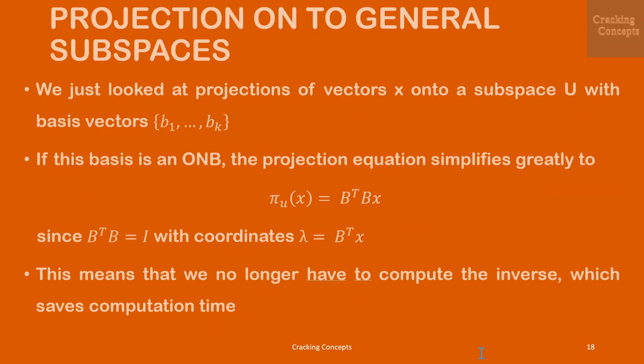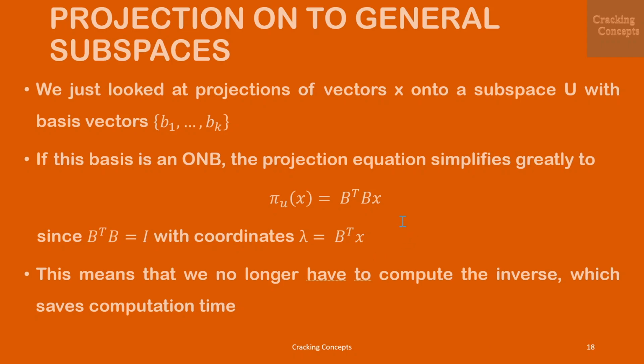We just looked at projections of vector x on the subspace U with basis vectors b1 through bk. If this basis is an orthonormal basis, and if the two conditions for this are satisfied, which we discussed in one of the previous videos, then the projection equation simplifies to pi u of x given by B B transpose into x.